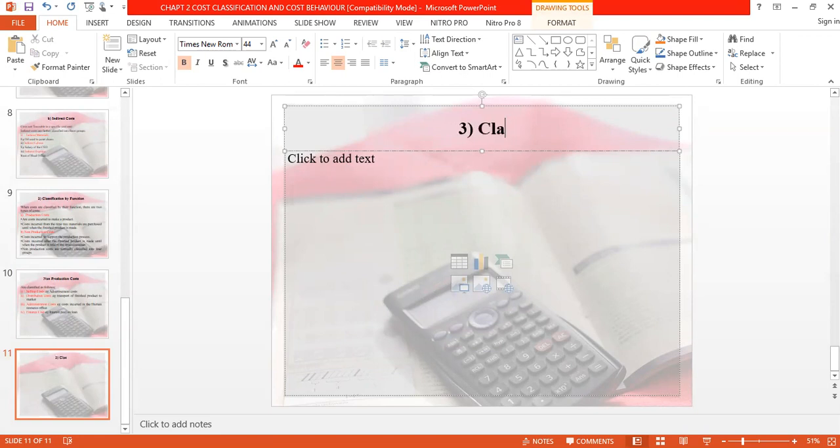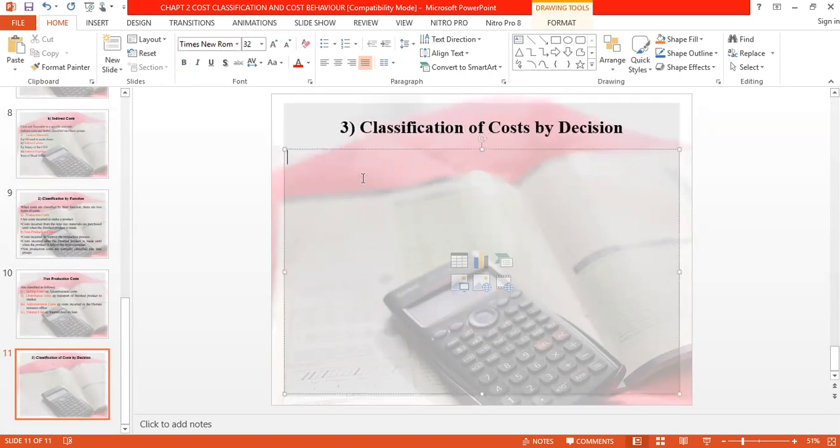Classification of costs by decision made, or by decision making.